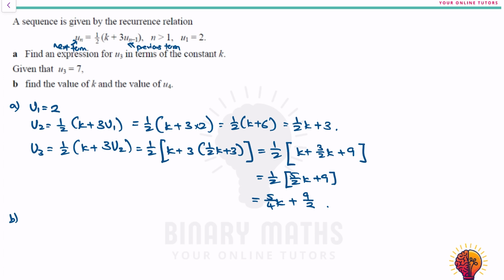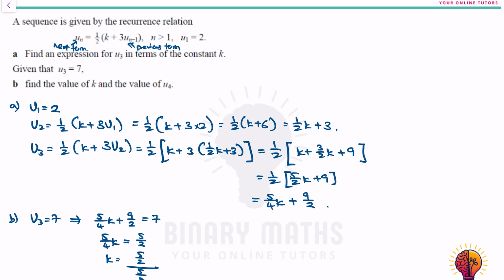B, given that u3 is equal to 7, find the value of k and the value of u4. Because we already worked out what u3 is, 5 over 4 k plus 9 over 2 must be equal to 7, which implies 5 over 4 k must be equal to 7 take away 9 over 2. 7 take away 9 over 2 is just 5 over 2, which means k must be equal to 5 over 2 divided by 5 over 4, which means k is equal to 2.